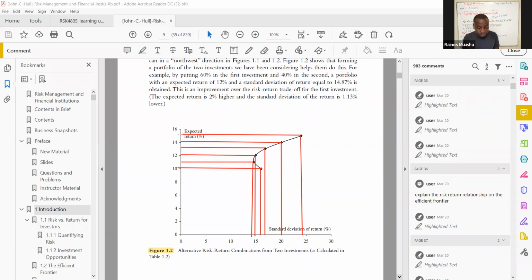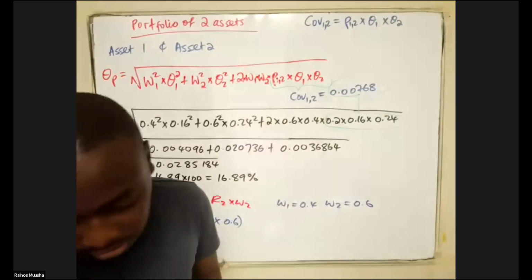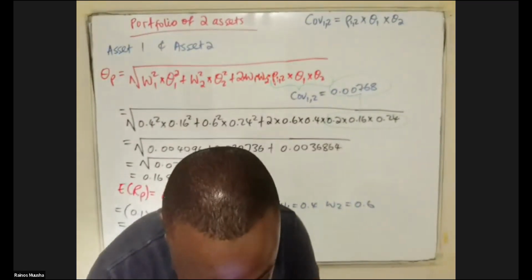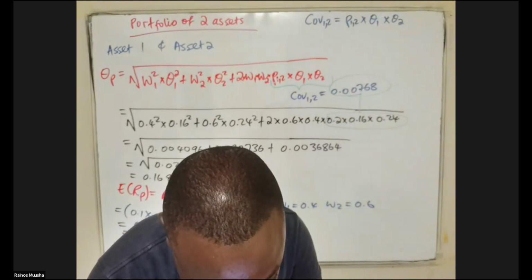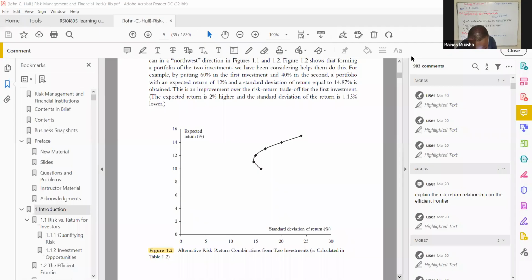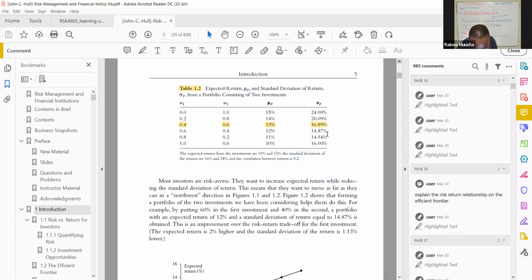And at the same time, the investor seeks to minimize the risk for a given level of return. Let me use a more simplified graph. Remember, we were given the combination of the expected returns and the standard deviations in our calculations.